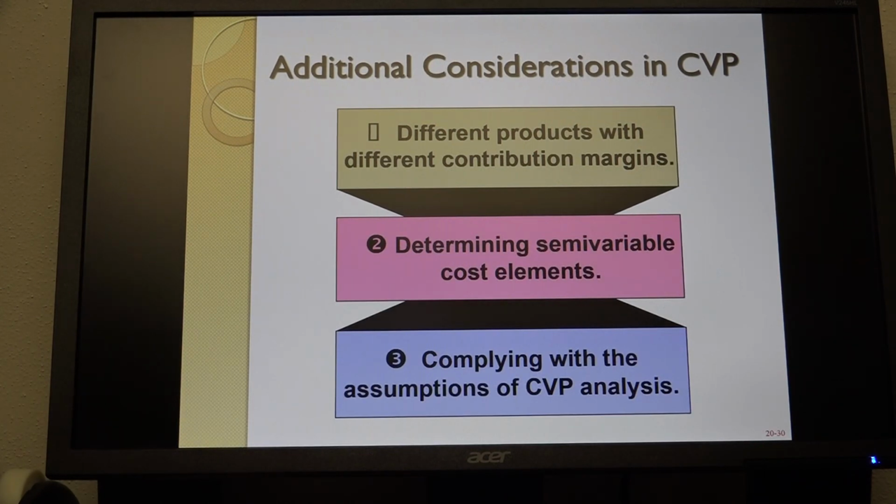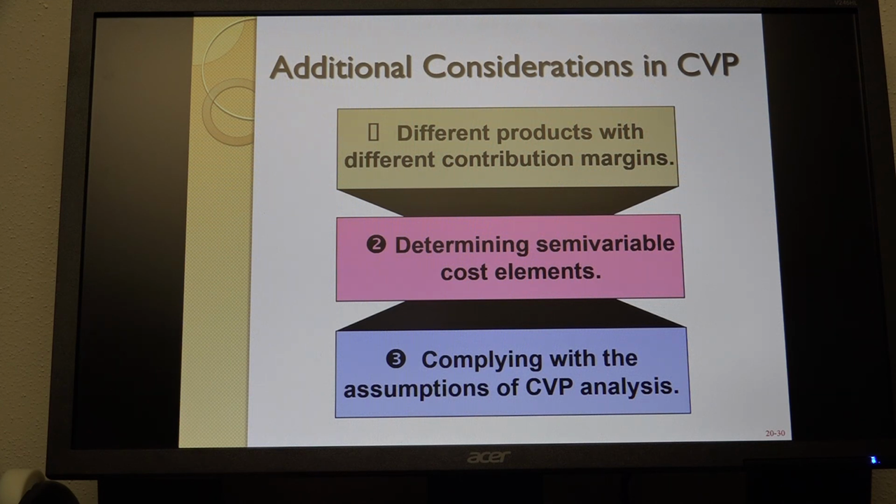Additional considerations in CVP. First, different products have different contribution margins. So you might have to have several different analyses for different types of products. You have to break those out. There might be some semi-variable cost elements involved.